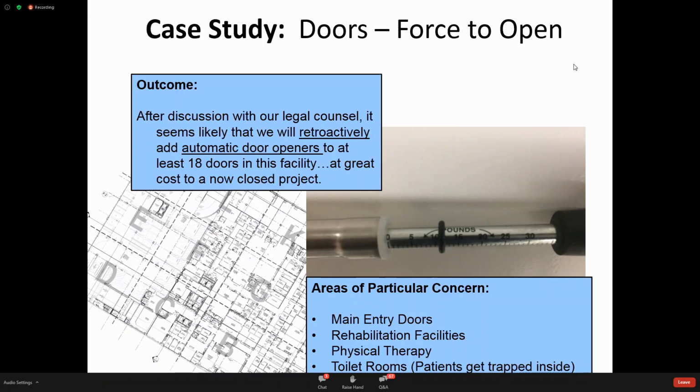I'm not saying put a door opener on every single door. And believe me, I had that conversation internally with some devil's advocates internal to Sutter, that you can't possibly be saying you're going to put a door opener on every door. No, not every door, just some select doors. And as it is, it's adding up to be a big number. So that's our horror story. And this is not the only facility I've had this complaint at. We've received this complaint in multiple facilities.